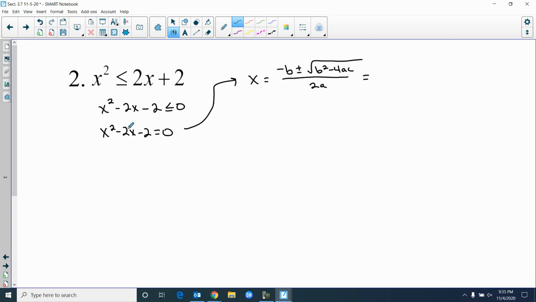All right, well, a is 1, b is negative 2, c is negative 2. The opposite of negative 2 would be 2, plus or minus the square root of negative 2 squared minus 4 times 1 times negative 2, over 2 times 1, which is just 2.